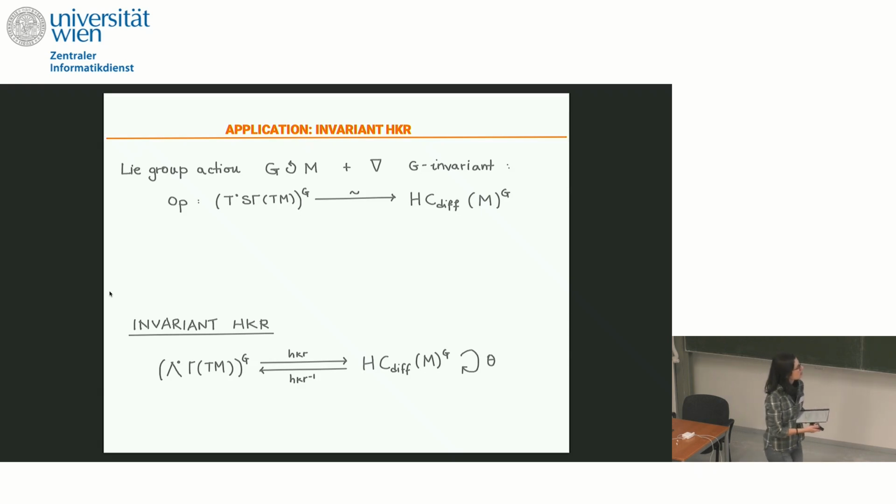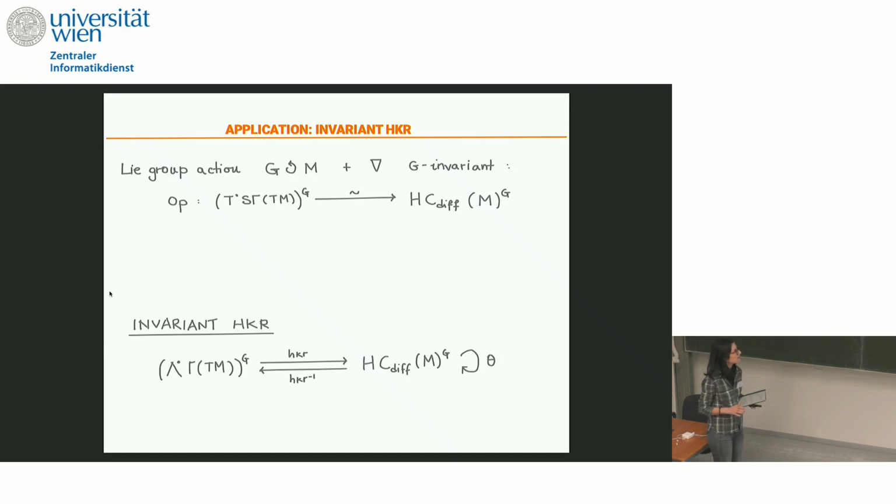To me, from my knowledge, this is new, because what I know is that in the past, something similar was done only in the case of proper group actions, because there you have the possibility of averaging, and then you have everything working.